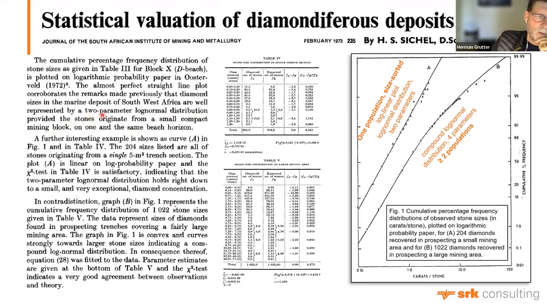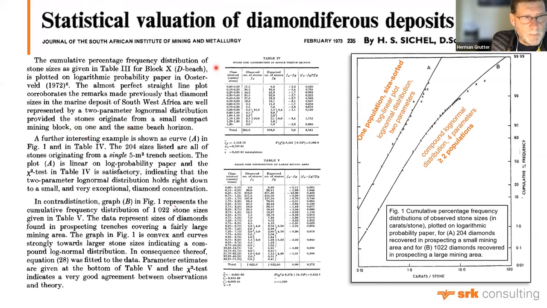The 2-parameter log normal distribution that we often use in diamond size distributions has a rider on it. And the rider is that you're dealing with one population. And in this case, we're talking about alluvial diamond size distributions. And we are currently applying those to kimberlites, but that's another story.